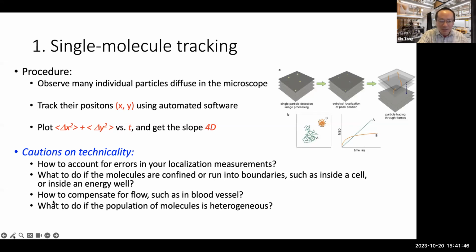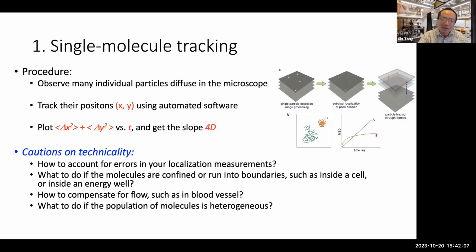The third question is how can we compensate if there's a net flow? In many cases in the experiment, especially in vivo, there's a blood flow that keeps on going. Then that will move the particle in one direction.